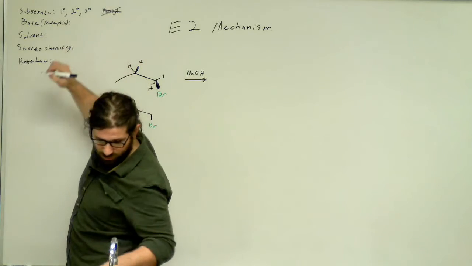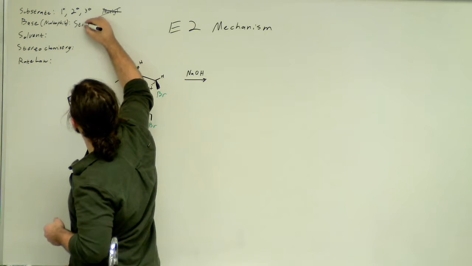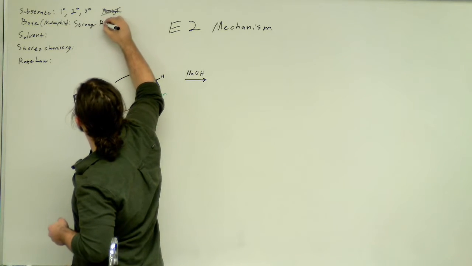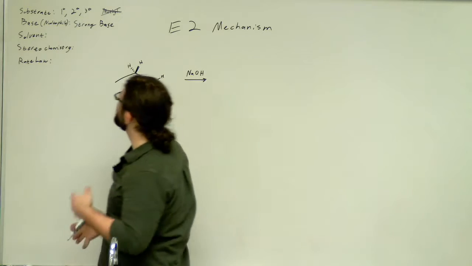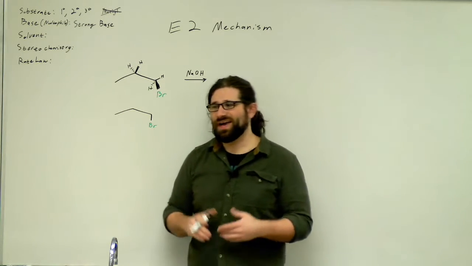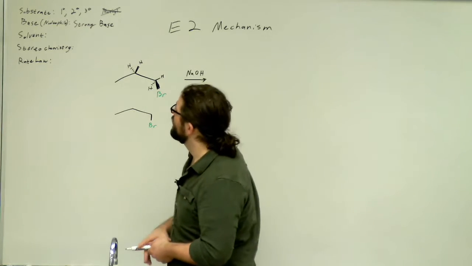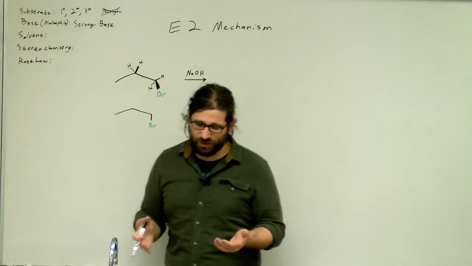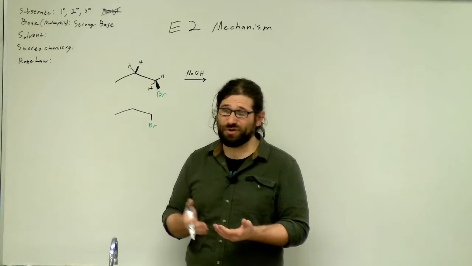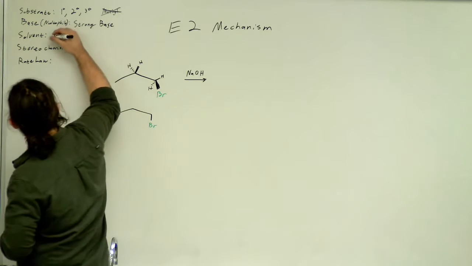And the E2 mechanism needs a strong base. So that's one limitation. However, commonly, good nucleophiles are also strong bases. So as far as limitations go, that's not a very significant limitation. Solvents, well, for the E2 mechanism, pretty much any solvent is okay. So there's no limitation based on solvent.